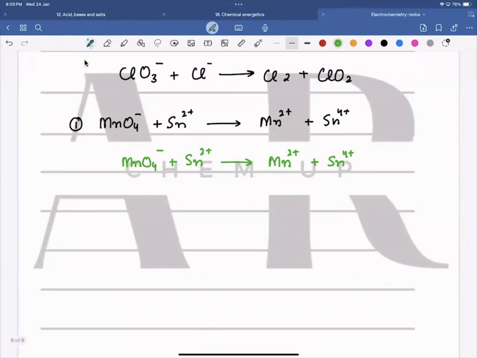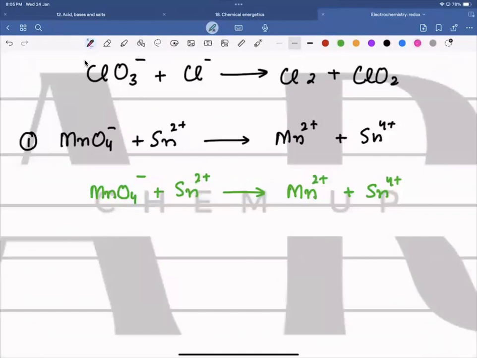Here we have to identify the elements whose oxidation numbers are changing, and then we have to balance them if these are not balanced. So if you see, there is no need over these because these are individual ions, so we got their oxidation numbers, right?